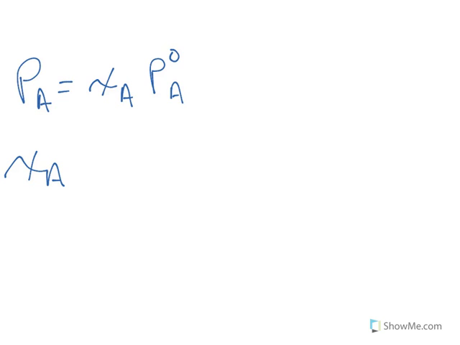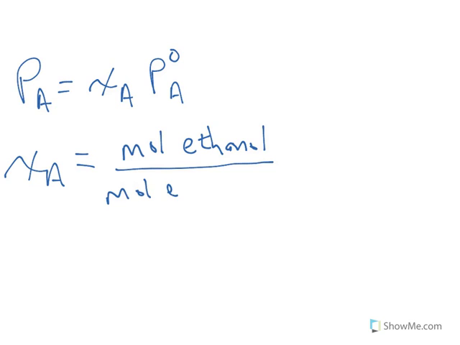A is defined as the solvent. Whatever the solvent is, that's what A is. So chi A, that's the solvent, and the solvent is ethanol. So we need to know the moles of ethanol, and we divide it by the moles of ethanol plus the moles of what else is in there, and it's only glycerin.